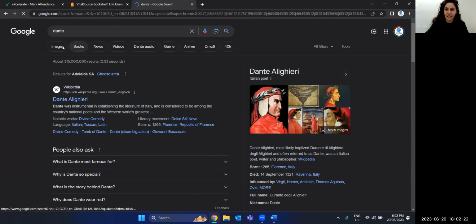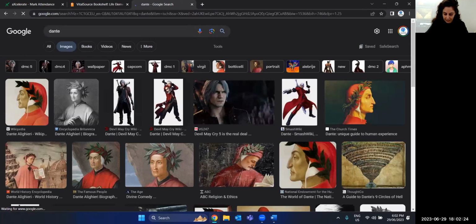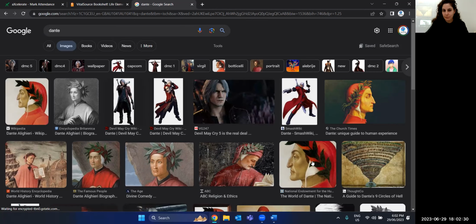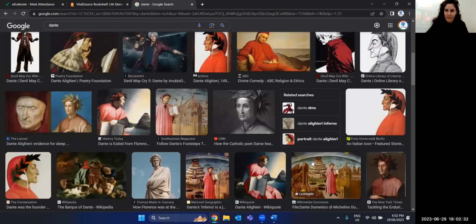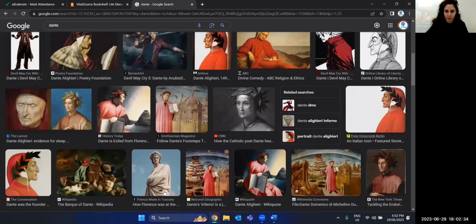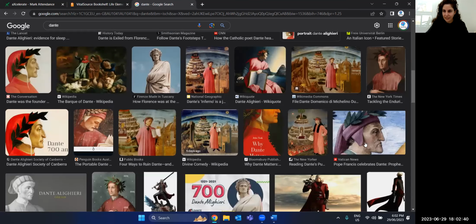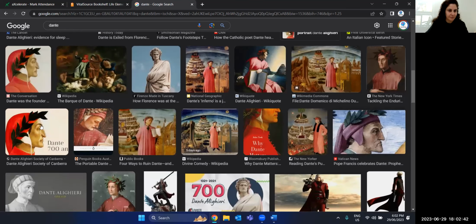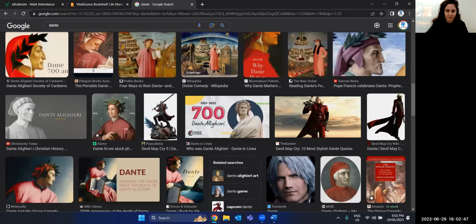This is Dante. So he was a writer. This is him here. So these are pictures, not true photographs, but here's a statue, looks like, of him. Yeah, this is him, Dante. Dante, an amazing writer.